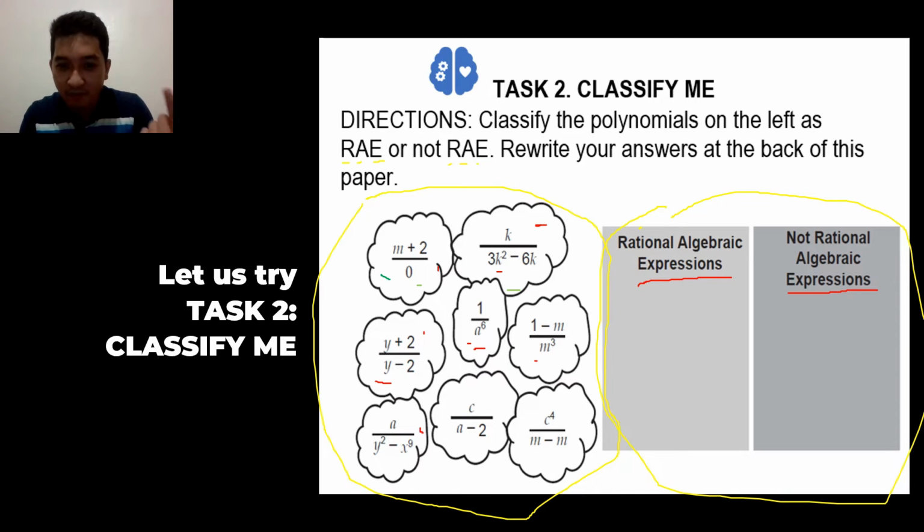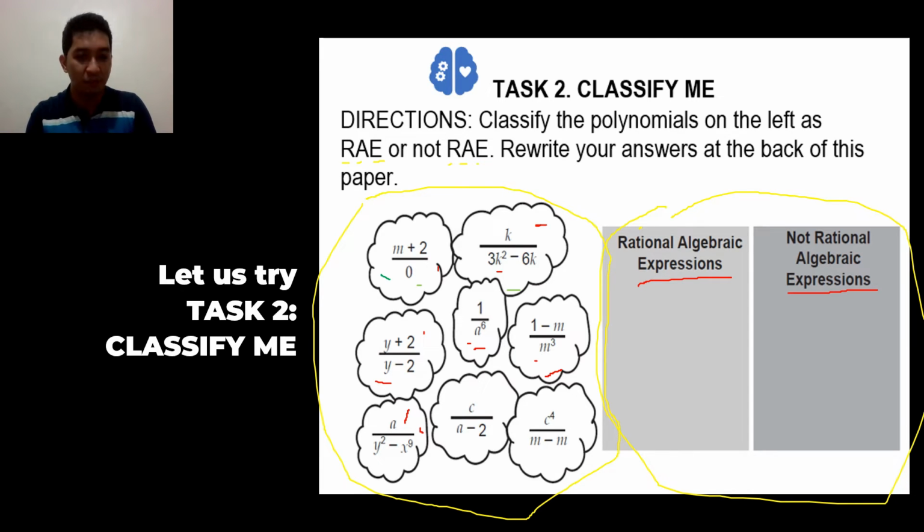Next, 1 minus m all over m cube. Negative ba yung exponent? Hindi po. So, since hindi negative yung exponent, alam nyo na. Next, a over y squared minus x raised to 9. Negative ba yung exponent sa baba? Hindi rin po.